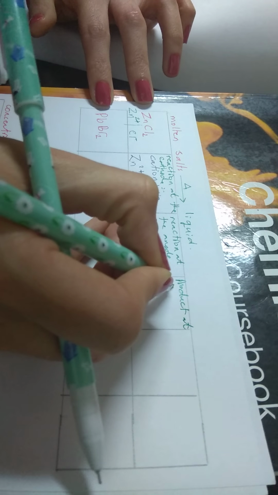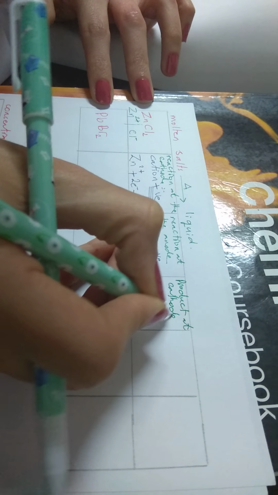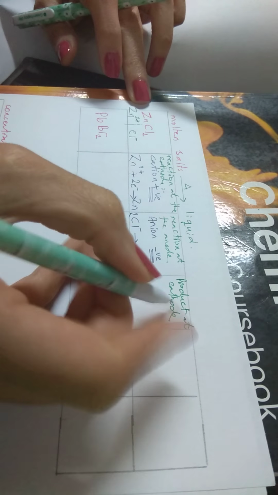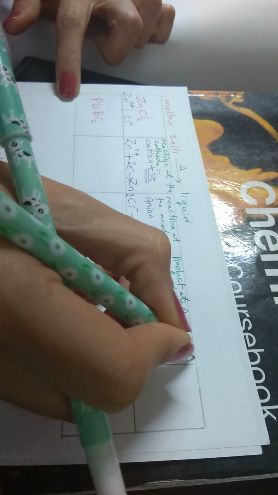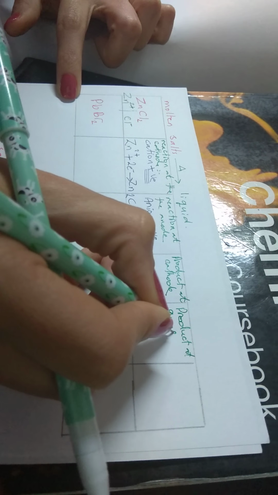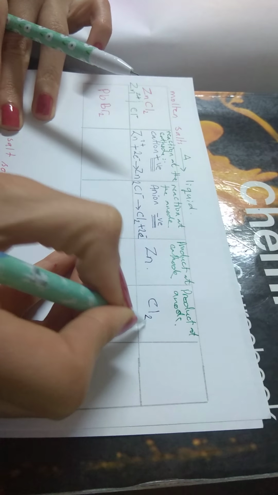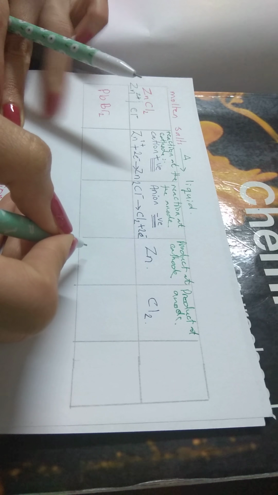Now the product at the cathode is the Zn, the zinc. Product at the anode, as you can see here, is the Cl2, the chlorine gas.